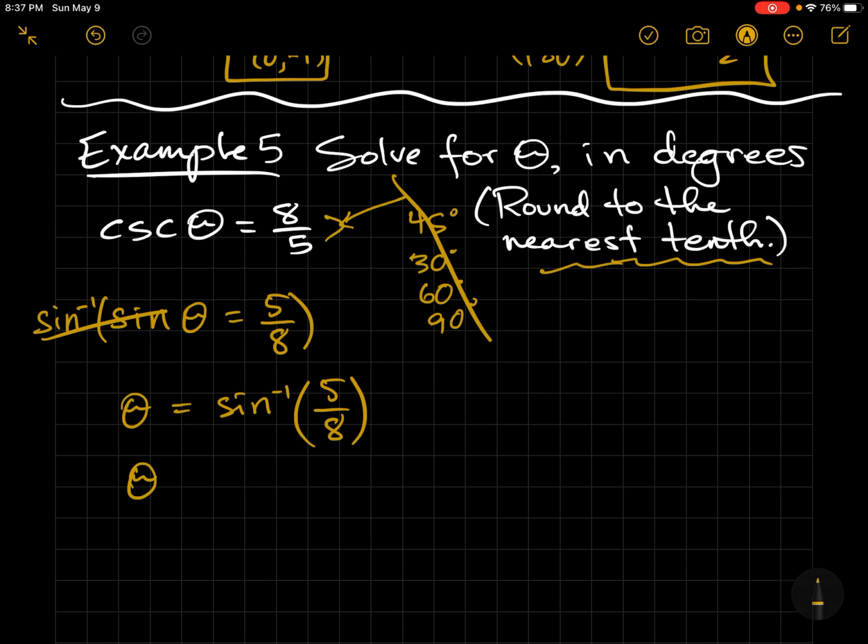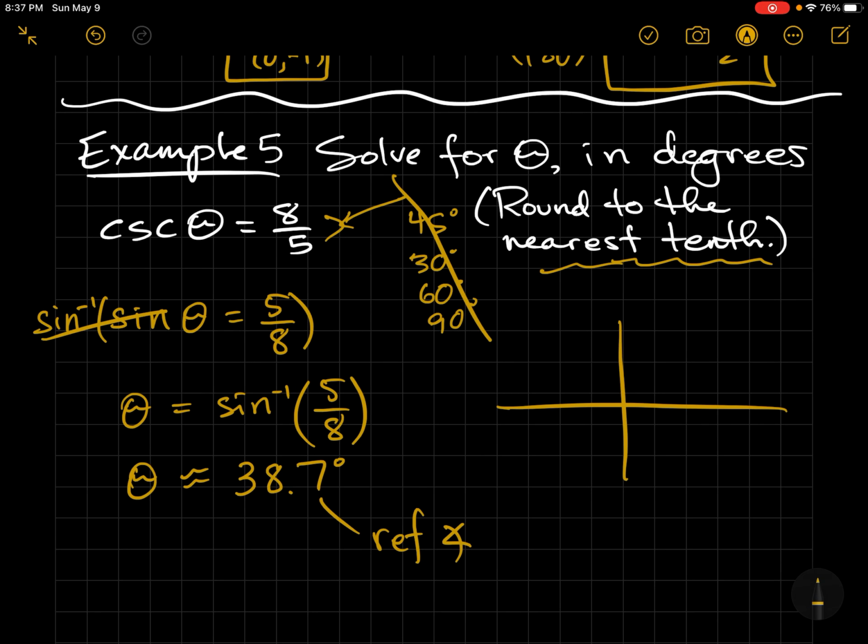Now, when I punch this into the calculator, it asks for the nearest tenth. So I get 38.7 degrees. That's only giving me a reference angle. That is not the sole answer. This is the reference angle.